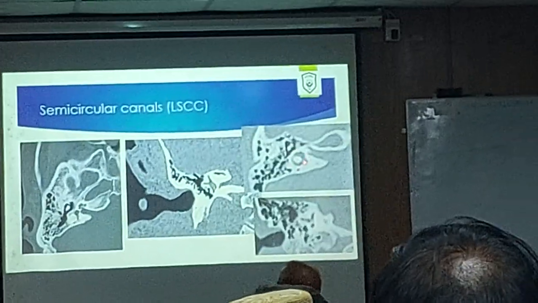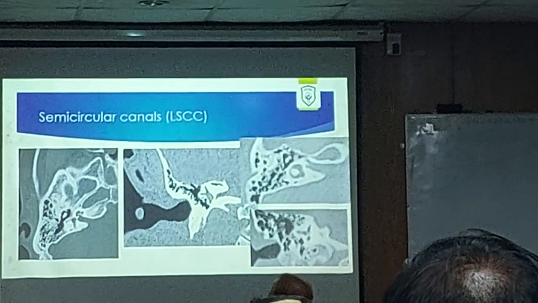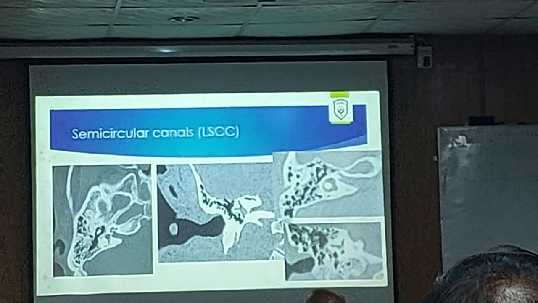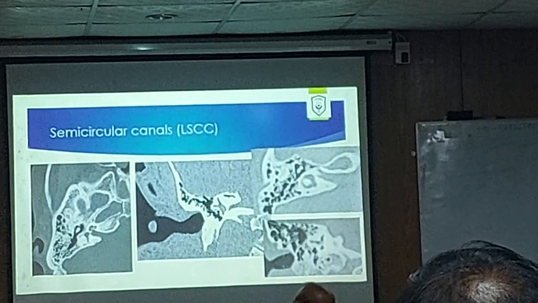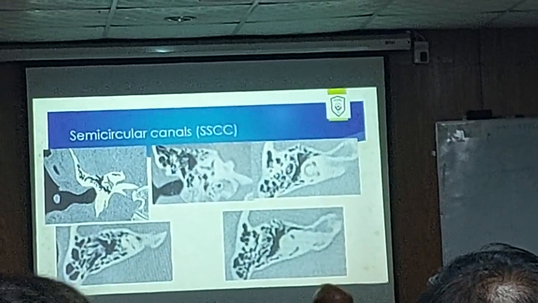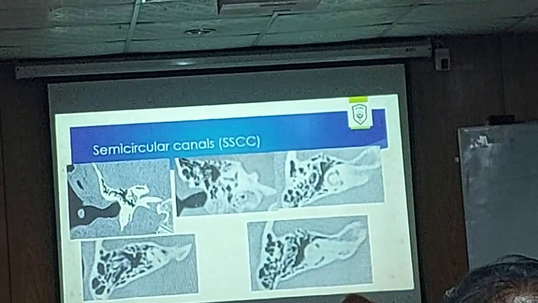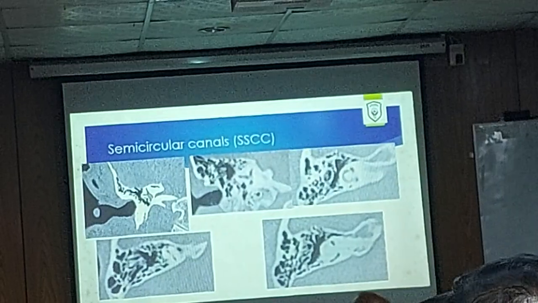Again, this is the signatory. So here, in this position and this slice and this slice, we can look for any lateral semicircular canal erosion. If we go for the superior semicircular canal, again we can look for superior semicircular canal erosion.